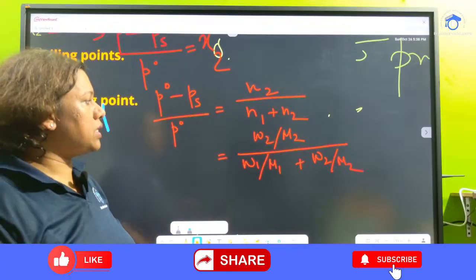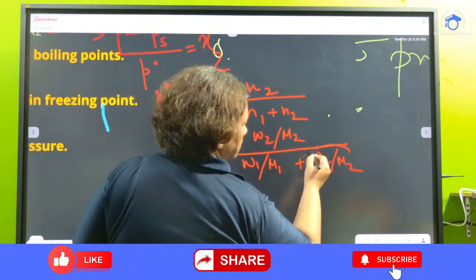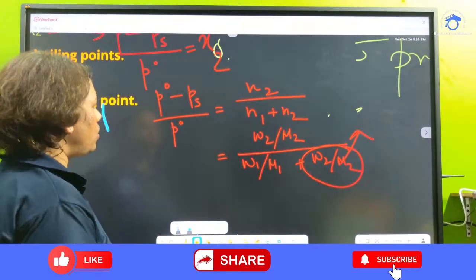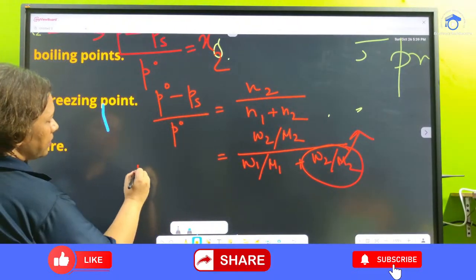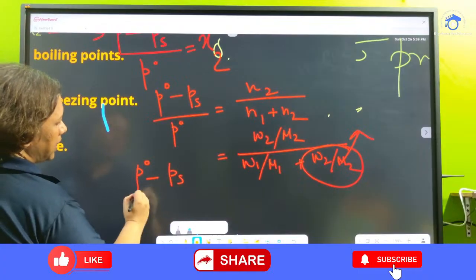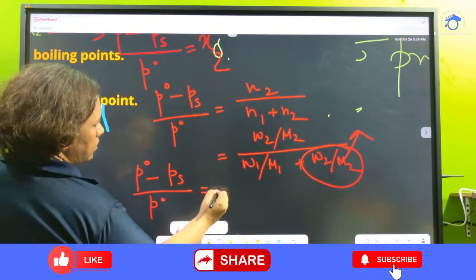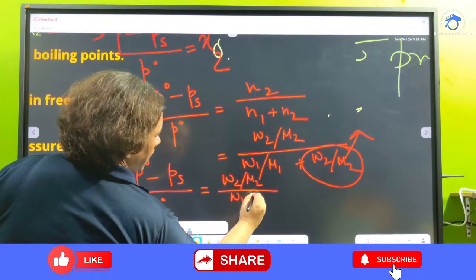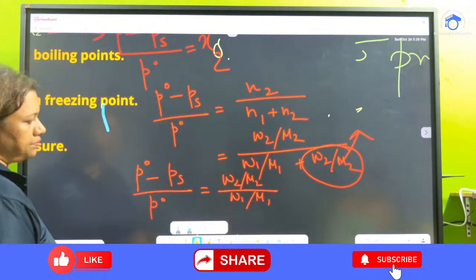So for that purpose we can ignore this solute part. So simplifying it, what will come? P0 minus Ps by P0 is equal to W2 by M2 divided by W1 by M1.